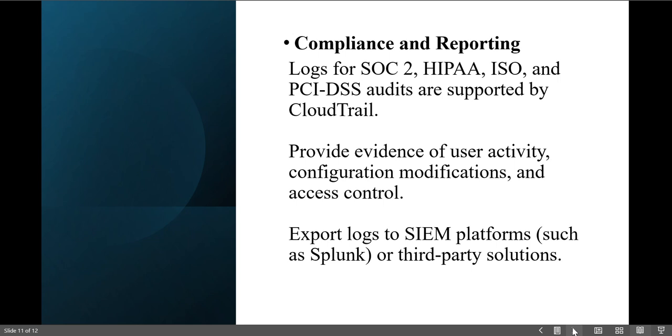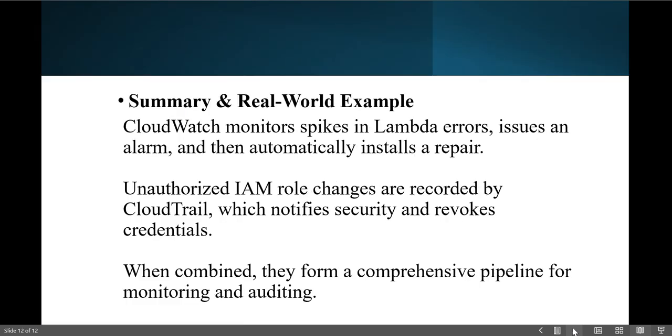Logs for SOC 2, HIPAA, ISO, and PCI DSS audits are supported by CloudTrail, providing evidence of user activity, configuration modifications, and access control. Export logs to SIEM platforms such as Splunk or third-party solutions.